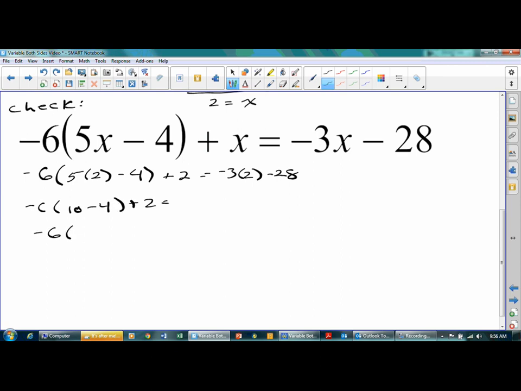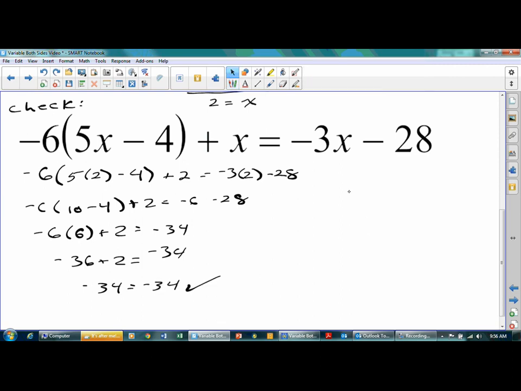Negative 6 times 6 plus 2. Negative 36 plus 2. So negative 34. Negative 3 times 2 is negative 6. Negative 6 minus 28 is negative 34. So I just finished the little equations. Make true statements. It's right. So x is 2.